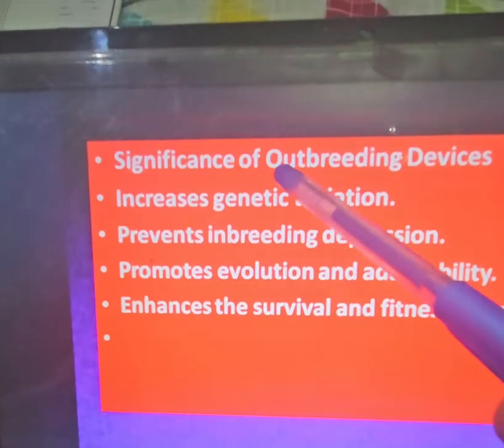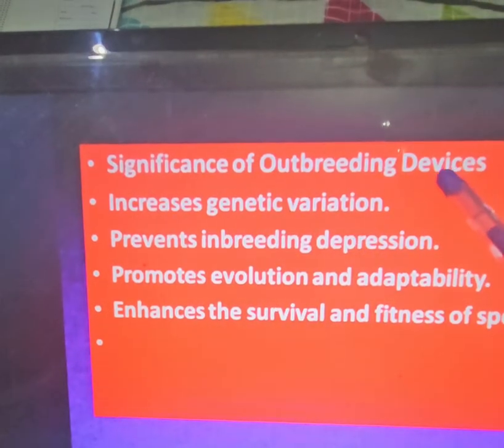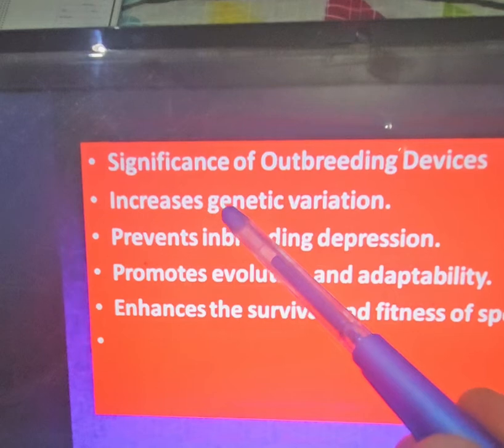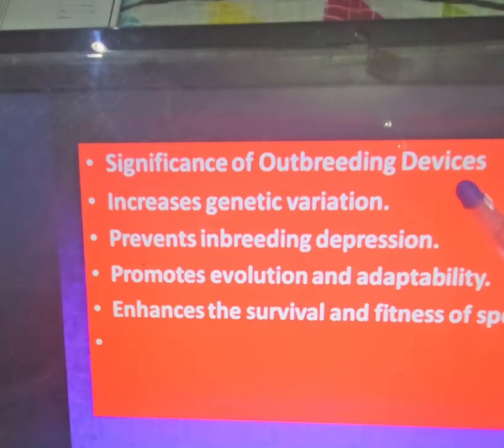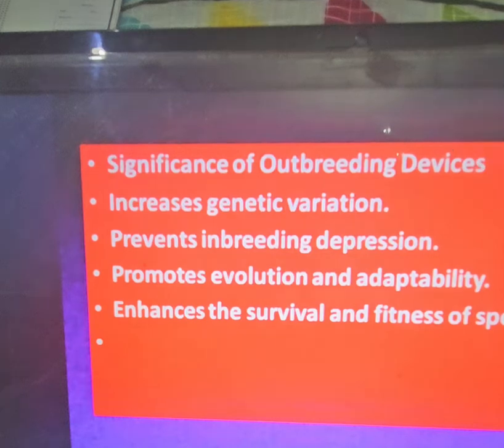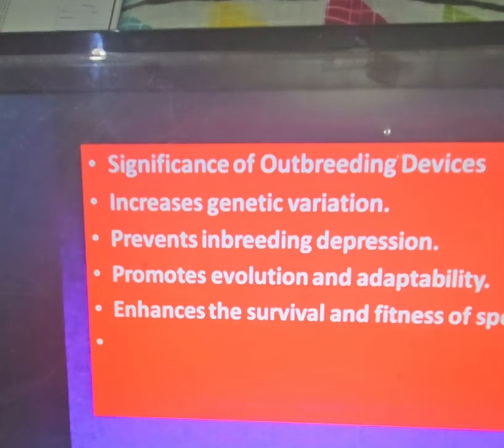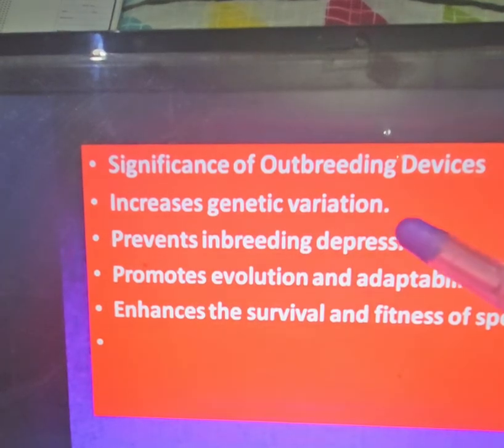Now let us move towards the significance of these outbreeding devices. Cross pollination occurs between two different flowers of two different plants but of the same species. So two plants are involved, that means characters from two different plants of the same species are involved.